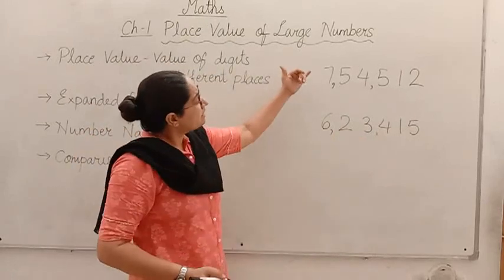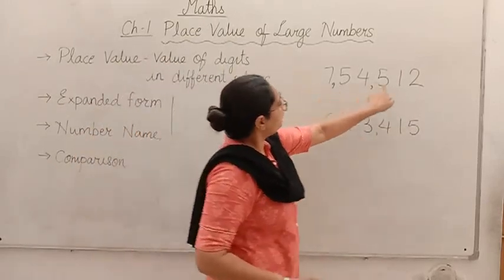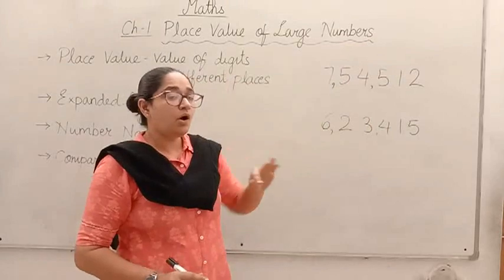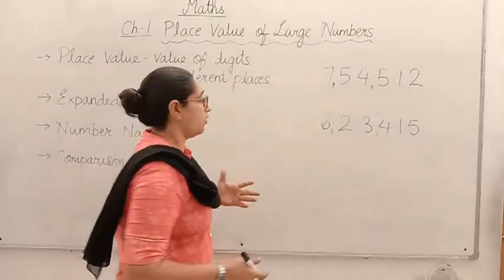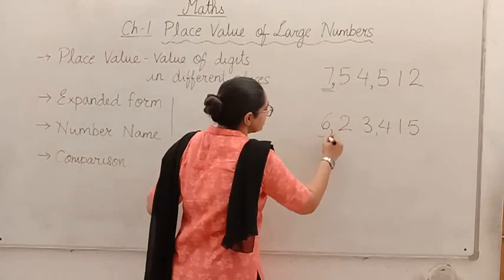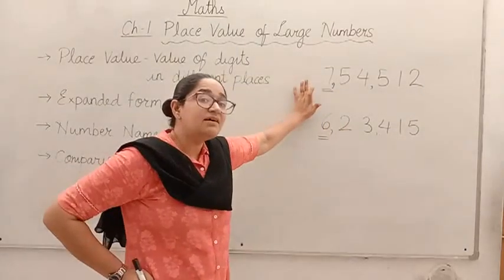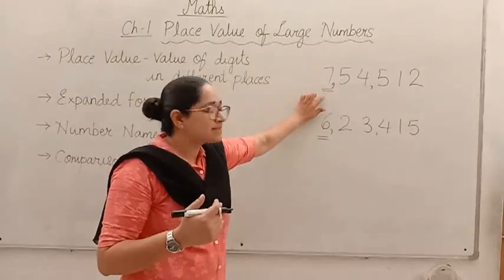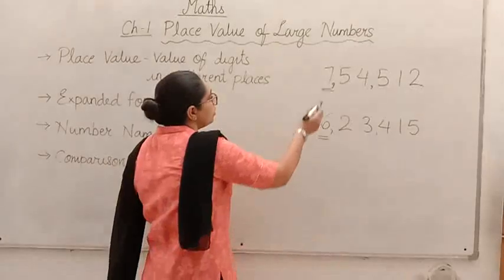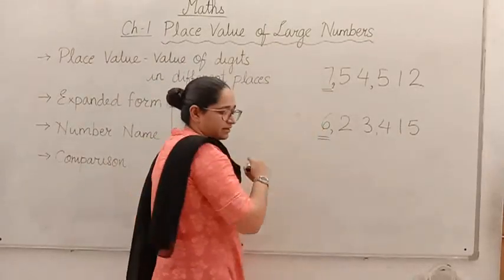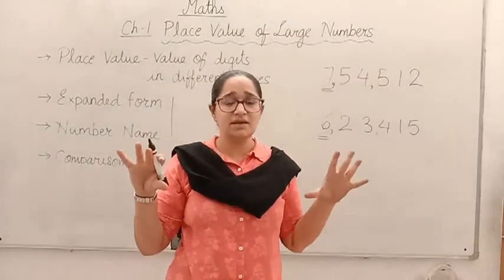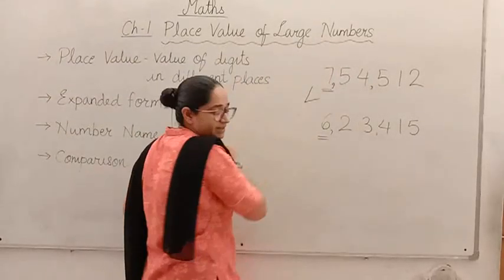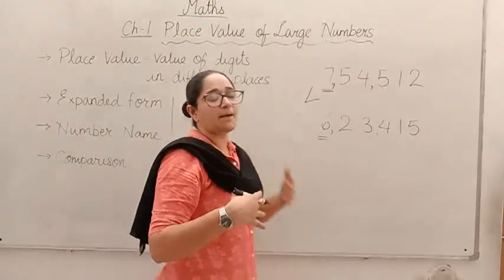Now, when I look at the numbers 1, 2, 3, 4, 5, 6, 6 here, 6 here. So, I will have to check my numbers now. We start from here because this first number is having the most value. It is in the lakh place, right? Lakh period. So, lakhs period you will check first. So, this is 7 lakh and this is 6 lakh. Now, tell me which one will be greater, 7 or 6? Obviously, 7. So, this number is greater, you will say. Okay? So, easily you can compare numbers.